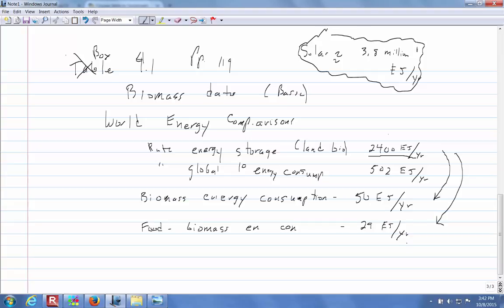We're using 50 now for energy, and we're using around 29 for food. So we're using a total of around 80 now for food and energy. So we've got left, you still got 2,320, way more than 2,000 exajoules per year available for bioenergy.